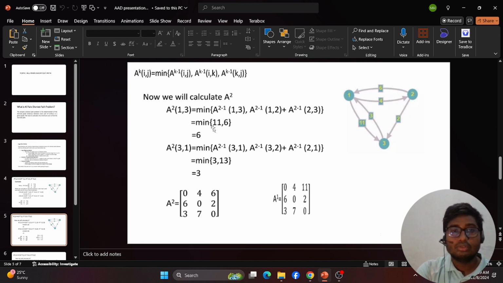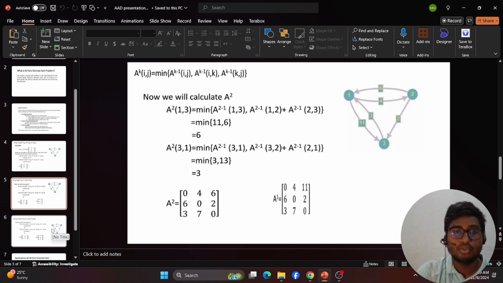After this calculation we see that the 1 3 value is 11 and 6, and we take the minimum value, 6. Again using this formula we see that the 3 1 minimum value is 3. So we set the values in the A2 matrix.